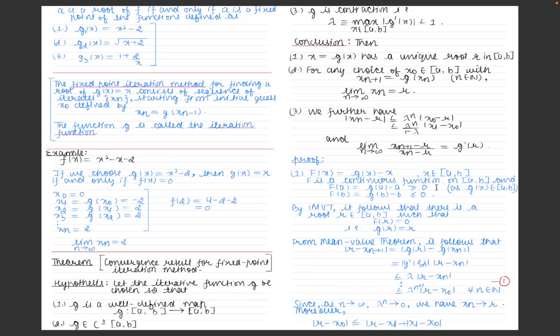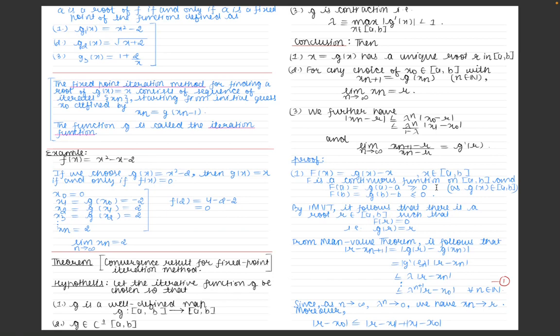So yeah, moreover you see that |r - x0| is actually equal to |r - x1 + x1 - x0|. By triangle inequality you can write this as this, right?